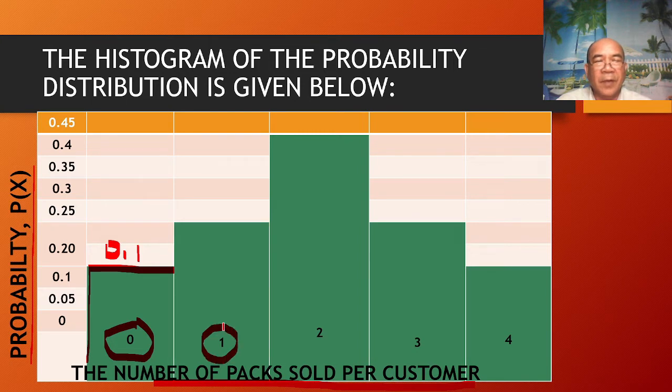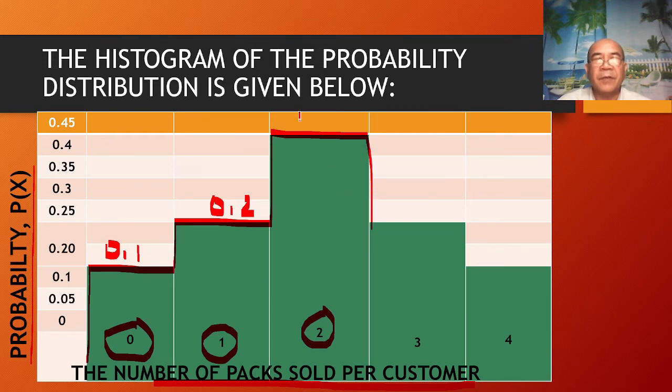For 1, it is 0.2. Now, number 2 is equivalent to 0.4, so you're going to create this bar at 0.4. Then for number 3, it is equivalent to 0.2.